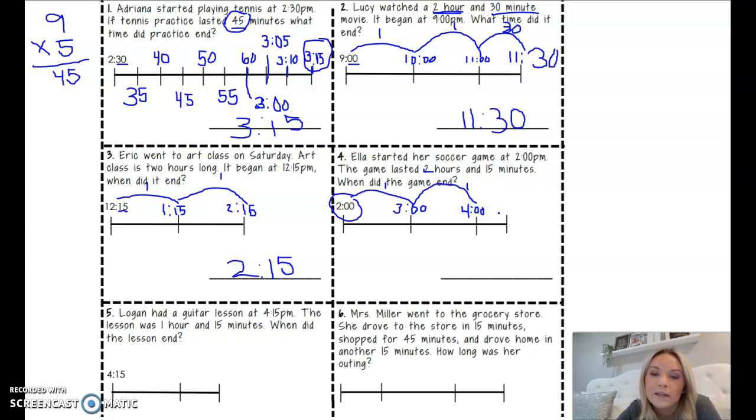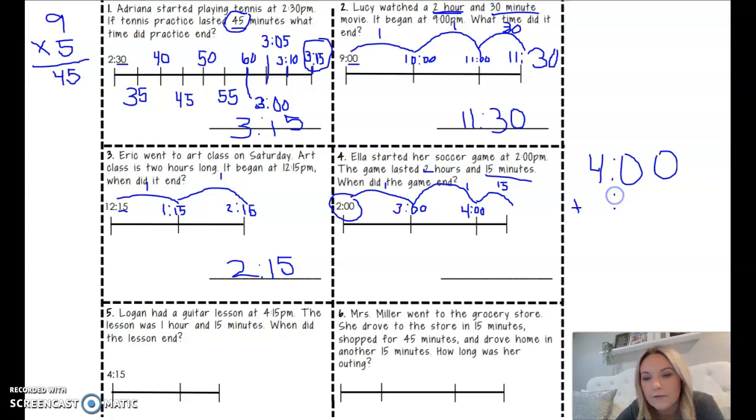Okay. Then it says 15 minutes, so we're just adding 15 minutes. Okay, and if over here I do 4 o'clock and I want to add 15 minutes, see how I lined it up? Because 00 stands for no minutes.